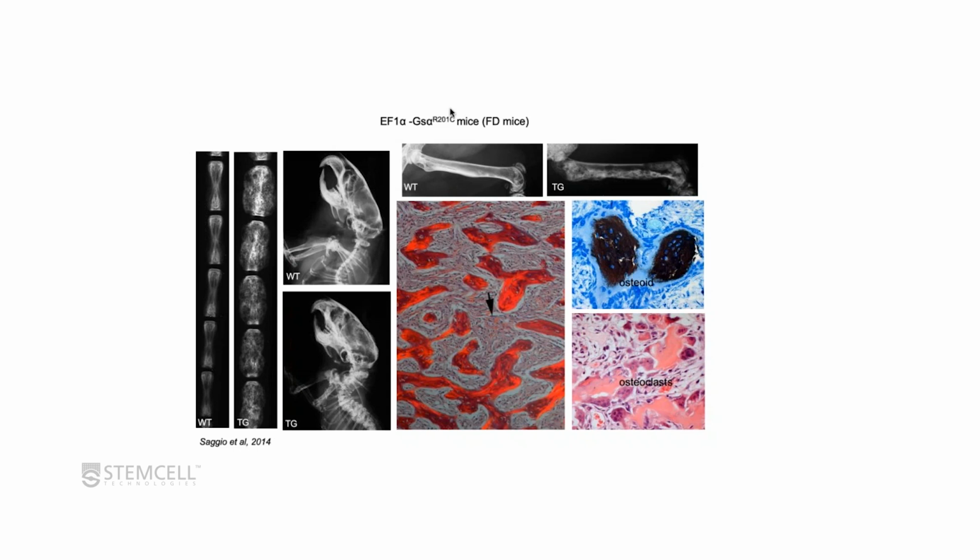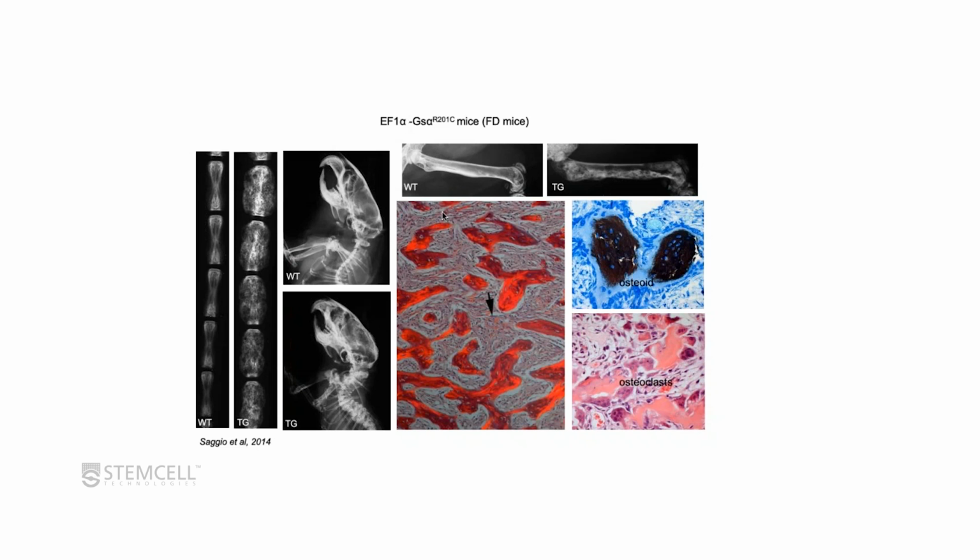In this model, the Gs-alpha R201C mutated sequence, one of the two mutations that generate fibrous dysplasia, is expressed in the entire skeletal stem cell system, meaning skeletal progenitors and differentiated osteogenic cells, because in these mice the expression of the transgene is driven by the ubiquitous and constitutive promoter elongation factor 1 alpha.